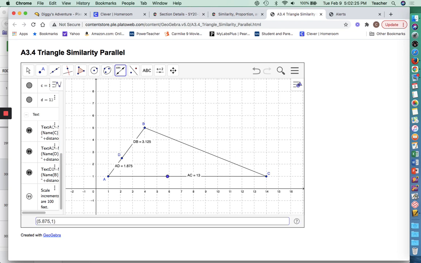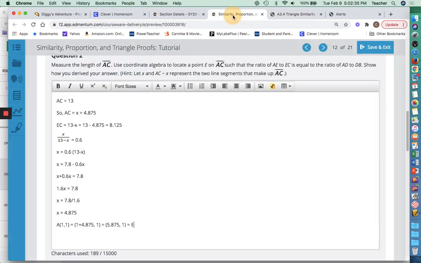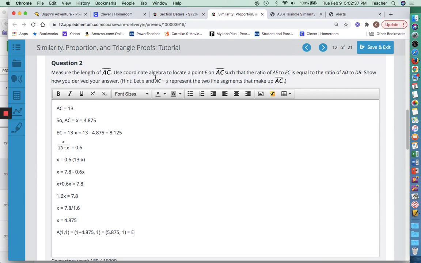Now, when I hit enter, that dot that I'm seeing right here is going to have an E on it. Aha! There you go. Same ratio. My gosh, they don't make that easy. I definitely don't like the way they had us do this, but okay. They're the same 0.6 ratio.